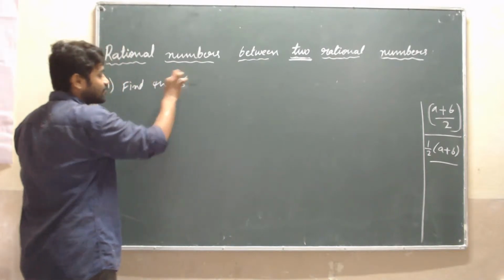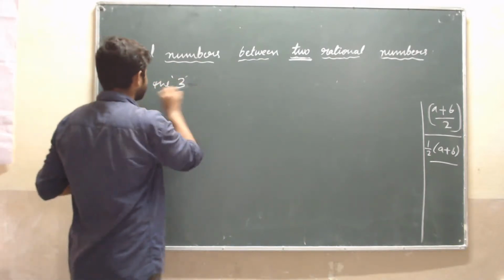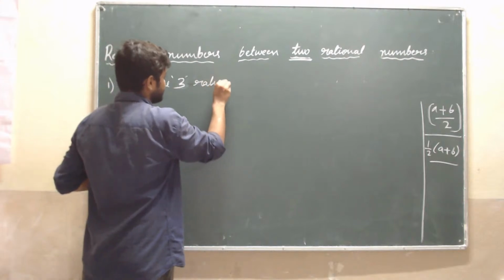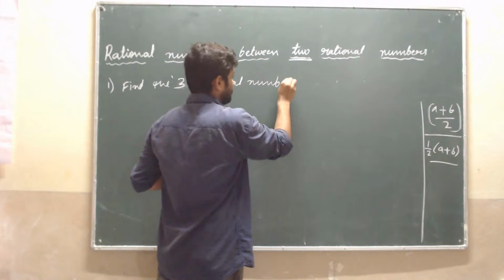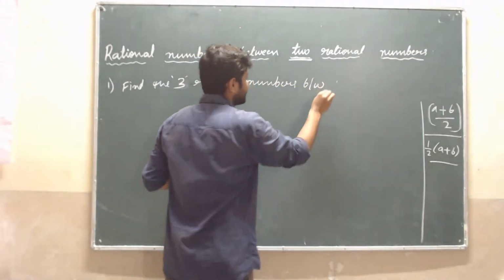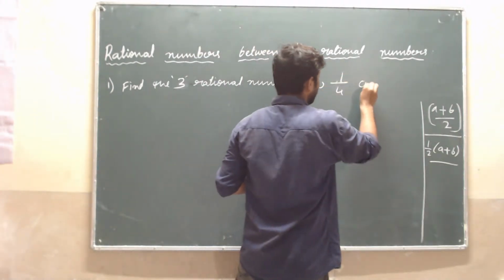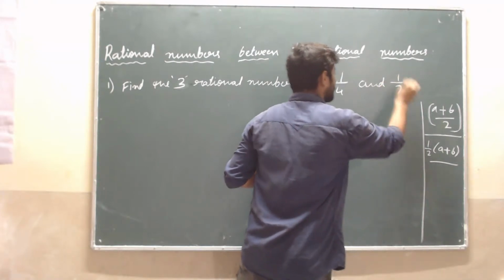Okay, I will give you a number, it will be easy for you. Three rational numbers between 1 by 4 and 1 by 2.